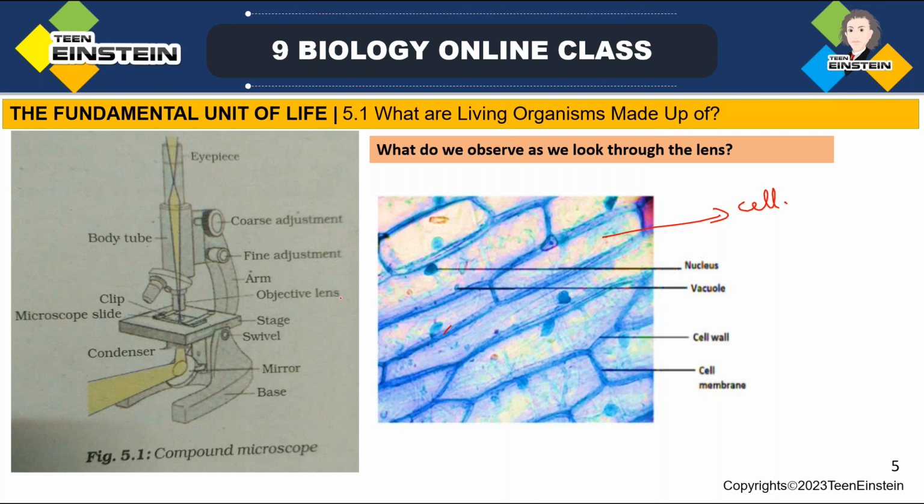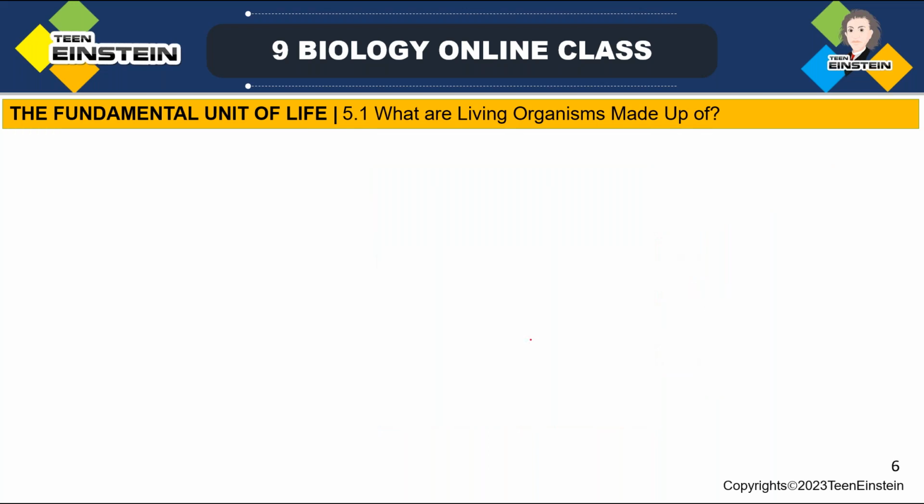Under the microscope, when the onion peel is colored with safranin, a dye, it gives a color, this blue color, and you can see these compartment-like structures, somewhat similar to a honeycomb. Each structure is called a cell, right? So we know that living organisms are made up of cells.